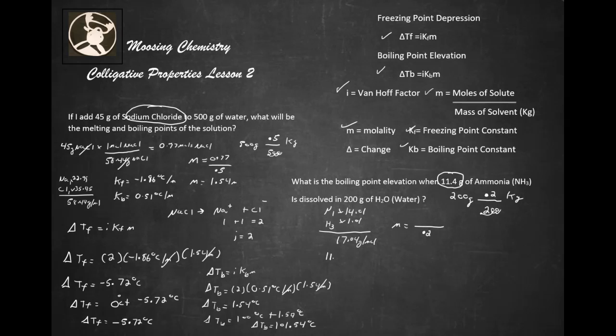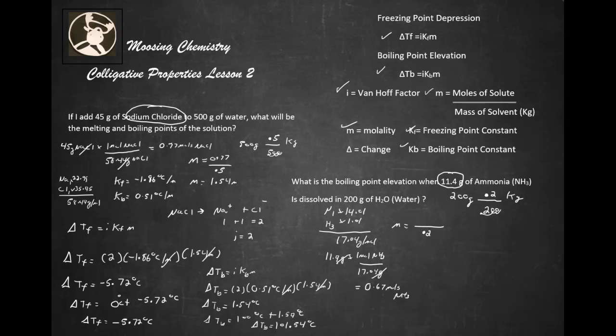So we go 11.4 grams times 1 mole of NH3 over our molar mass, which is 17.04, right? So grams cancel out, and that gives me approximately 0.67 moles of NH3.